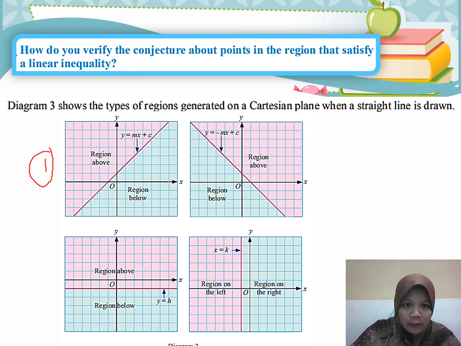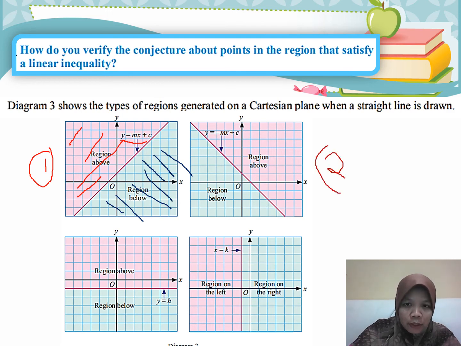Given that the line is y equal to mx plus c, the red region here is above the line, and the blue one here is the region below the line.